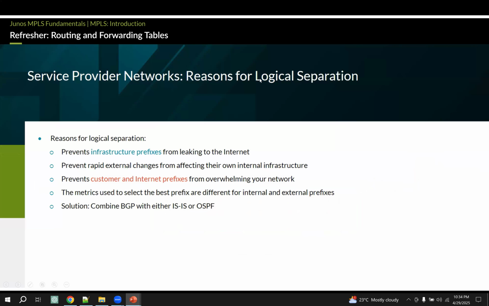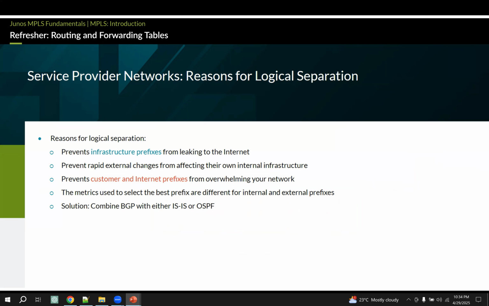Service provider network, reason for logical separation. In a service provider network, we need some logical separation. So why do we need logical separation? It prevents infrastructure prefixes from leaking to the internet; there is no need to advertise them through the internet.